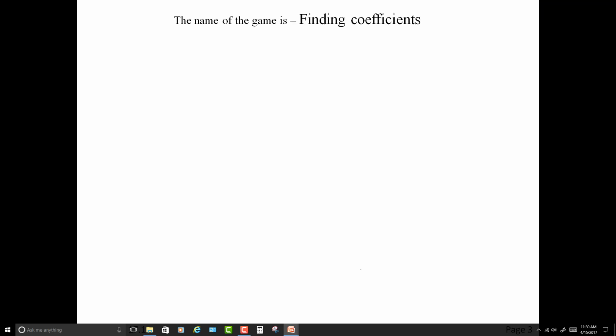So now, the name of the game, as you might guess, is finding coefficients. If you've got a series, you've got an expansion. This is like converting a periodic time-varying function into a series of individual parts. The name of the game is going to be finding the coefficients of those various parts. So we'll begin with just finding A0.